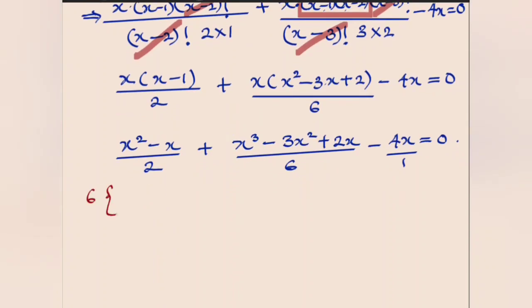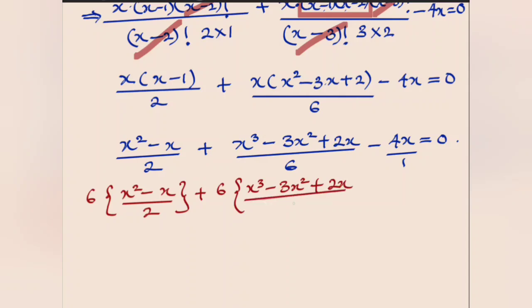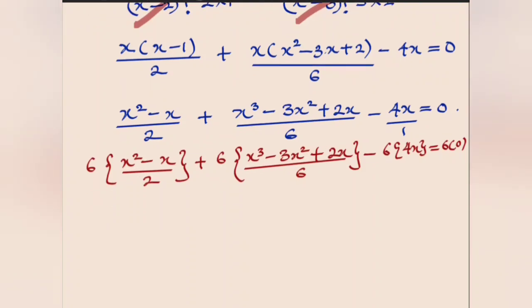When you multiply through by 6, we shall have this x over 2 plus 6 into x cubed minus 3x squared plus 2x over 6, then 6 to multiply 4x, then 6 to multiply 0. We know that will eventually end up to be 0.